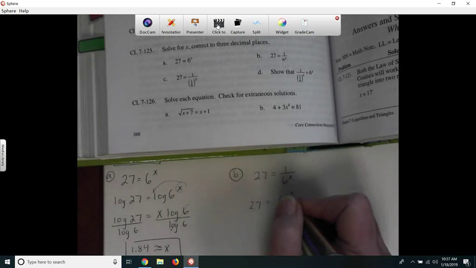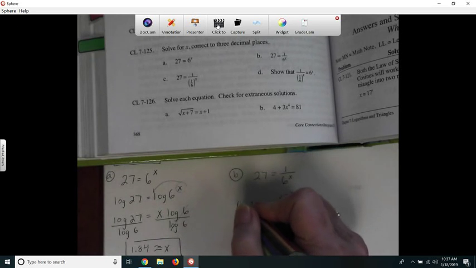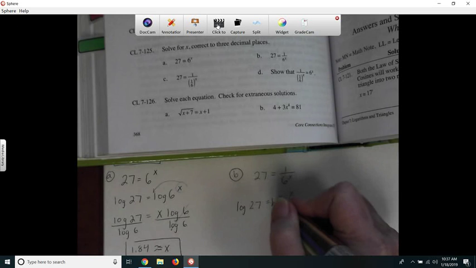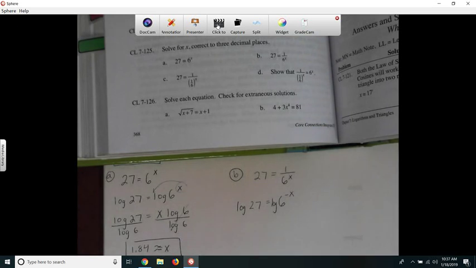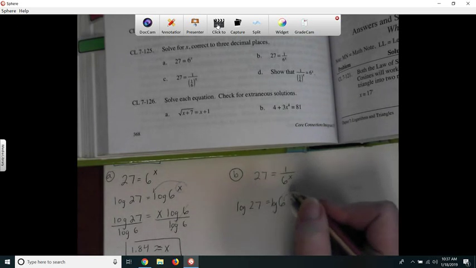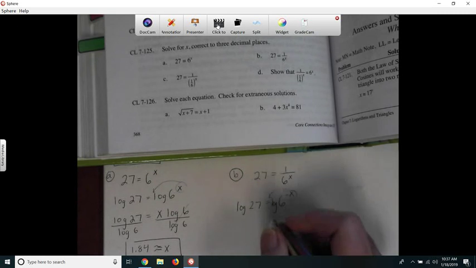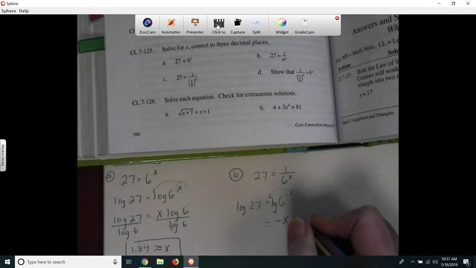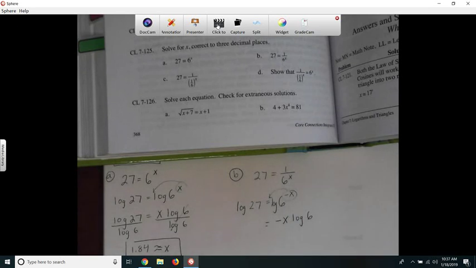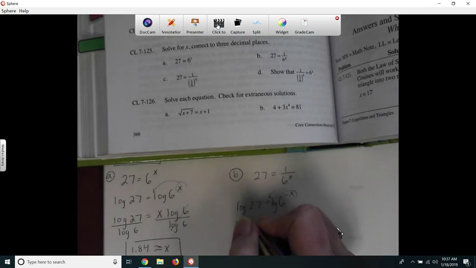So I'm going to log both sides. I'm kind of lazy, so I'm just going to squish log in there. And then that allows me to use the log law that lets this exponent come out front and multiply. So this is going to be rewritten as negative x log 6, and this is still log 27.